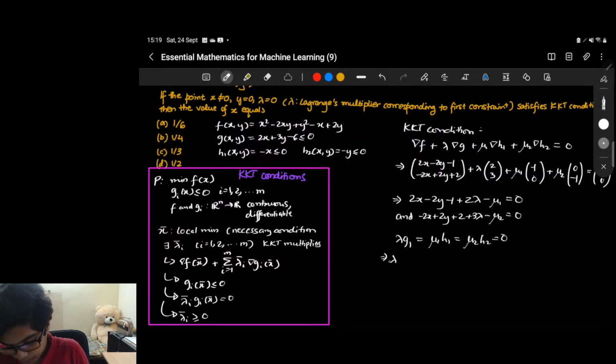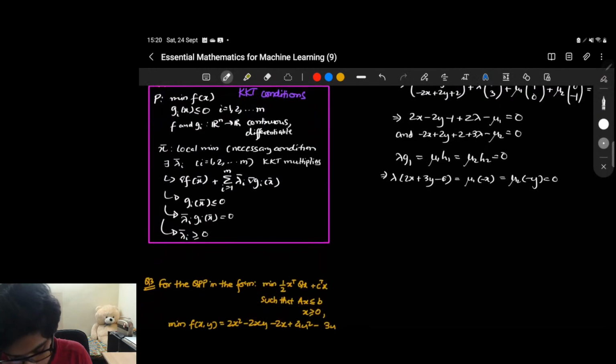So putting in the expression for g1, now we know that x is not equal to 0, which implies mu1 should be equal to 0 from this one right here. And we are also given that y is equal to 0 and lambda equal to 0.